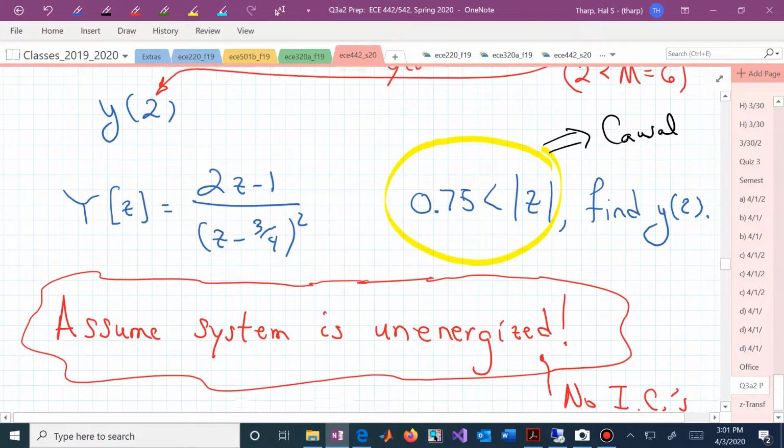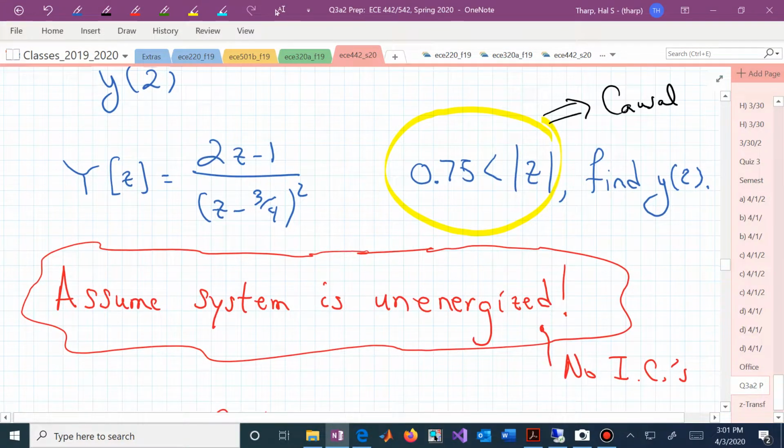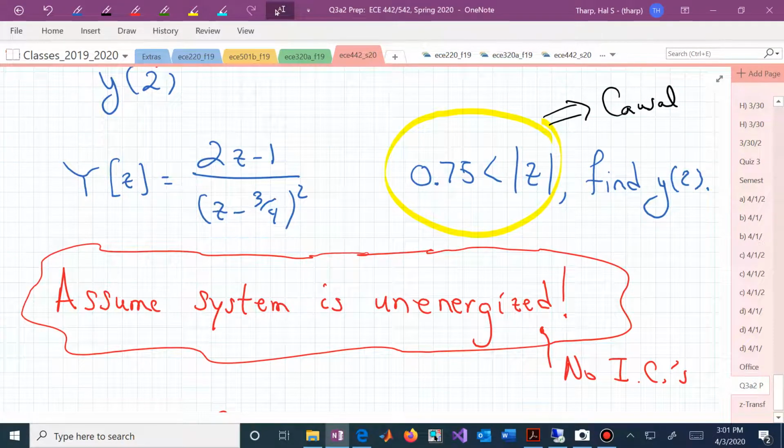One thing that somebody says is, well, what were the initial conditions? So I said none of the above, and that's a reasonable response. I was assuming the system was unenergized, so in the second attempt, please assume that the system itself is unenergized or you have no initial conditions.